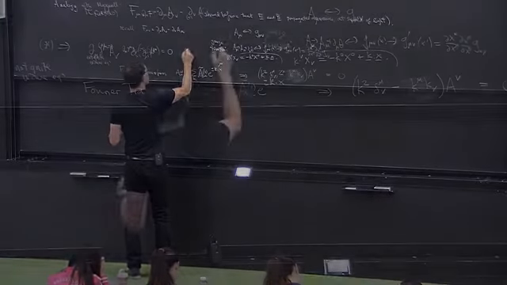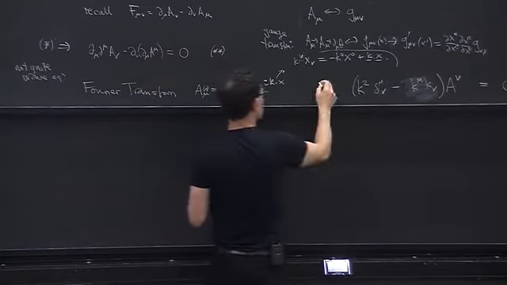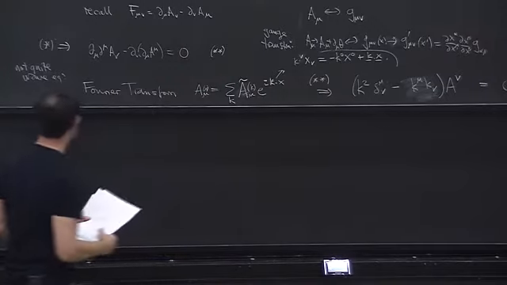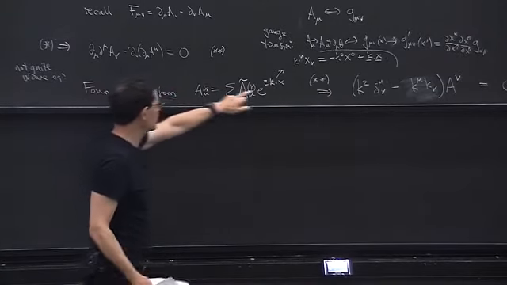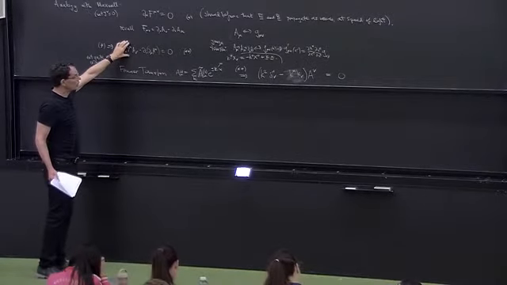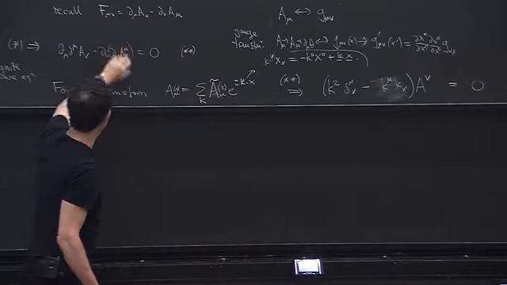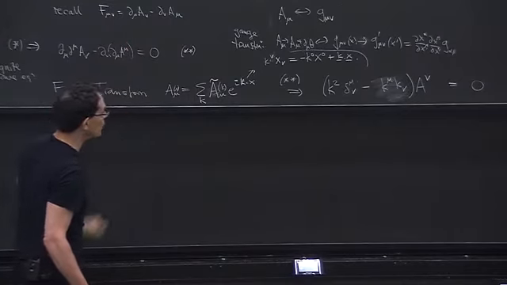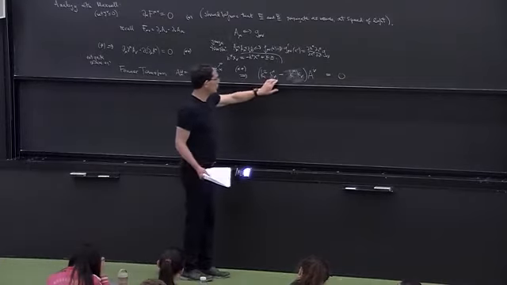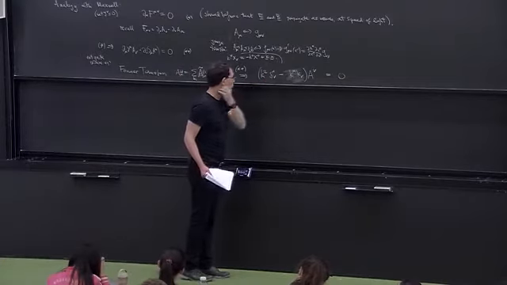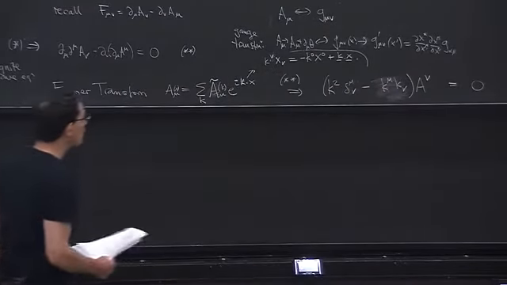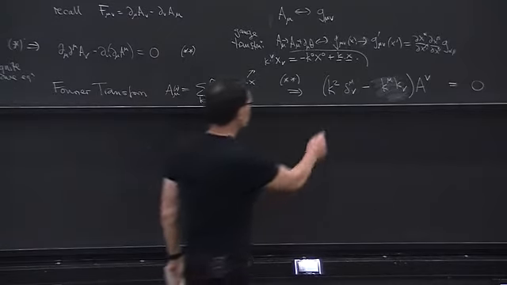Let's call this one star star. Star star becomes this equation, right? When I Fourier transform, I can just replace derivatives with i k. And so here I get minus k squared, and here I get plus k mu k nu. And I can combine these two terms by putting a delta mu nu in here so that this acts on the A nu to give A mu. And so this is the equation for A twiddle of k.